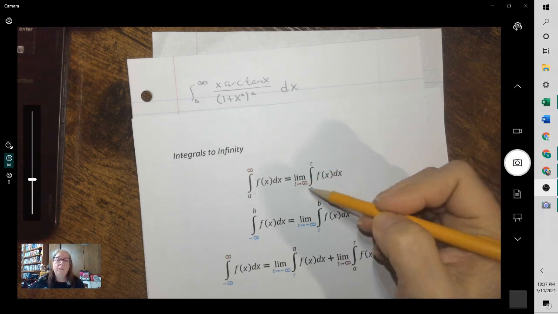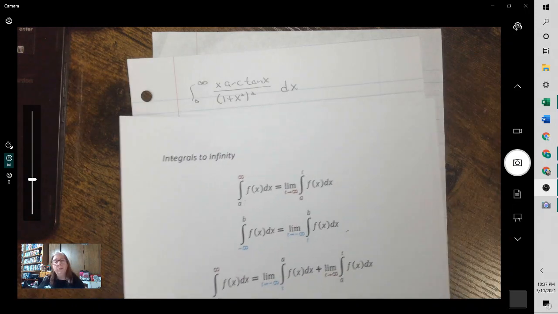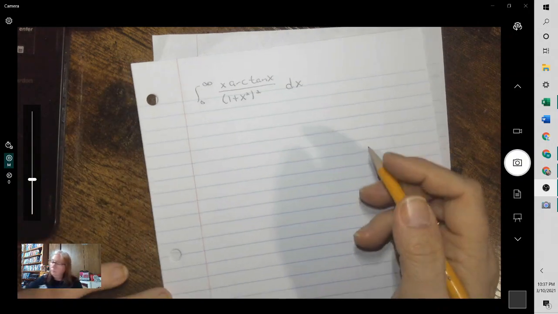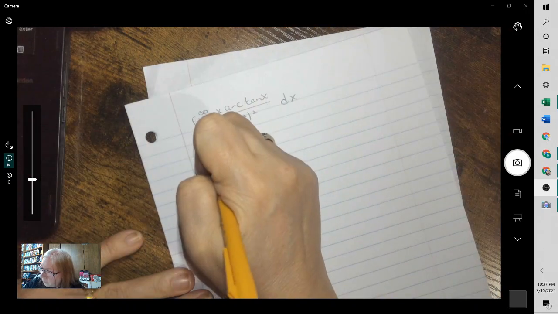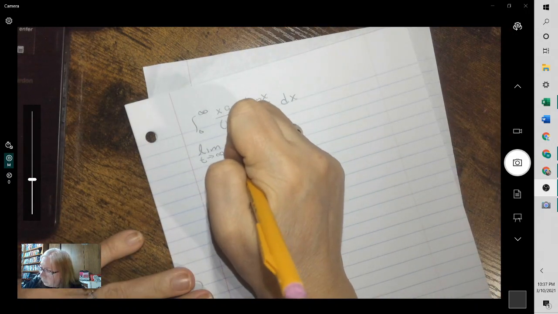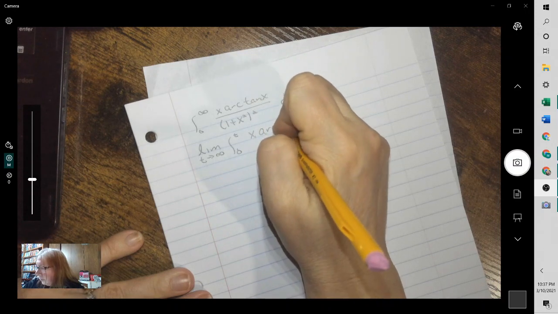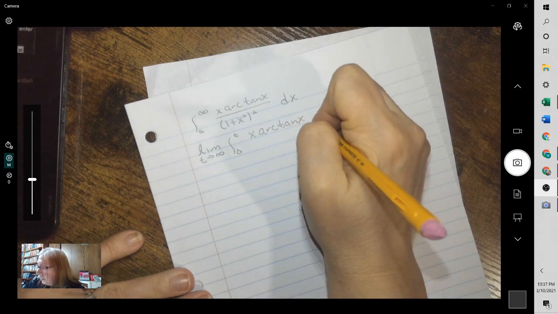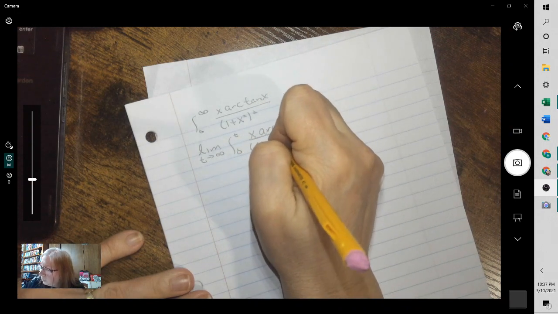Then it's an integral we can take. So the first thing we need to do is rewrite that. The limit as t goes to infinity from 0 to t, x arctangent of x dx all over (1 plus x squared) squared.